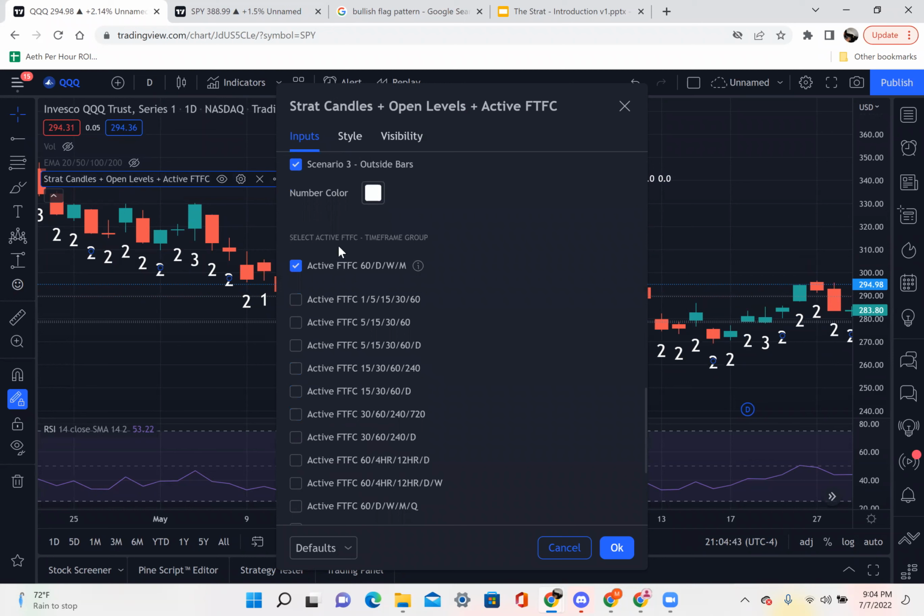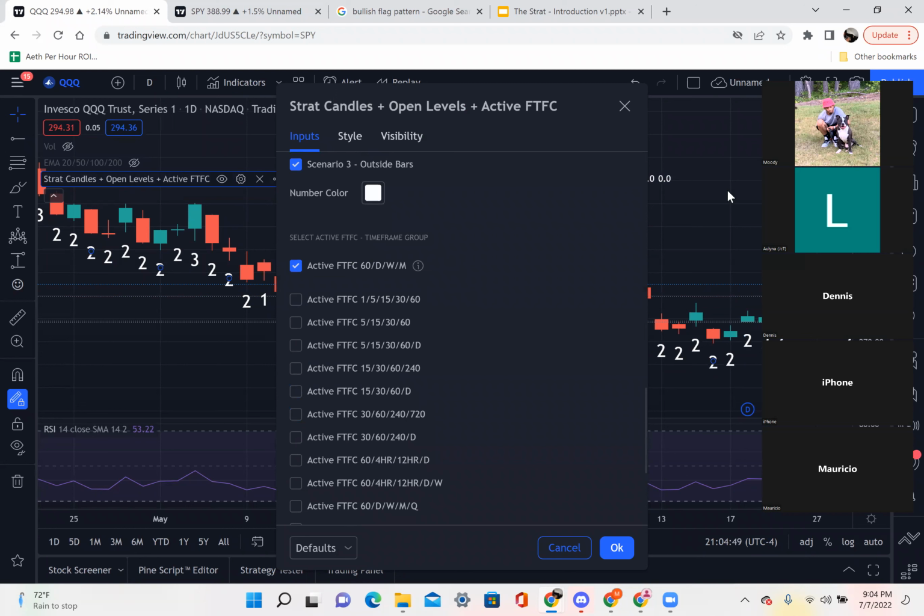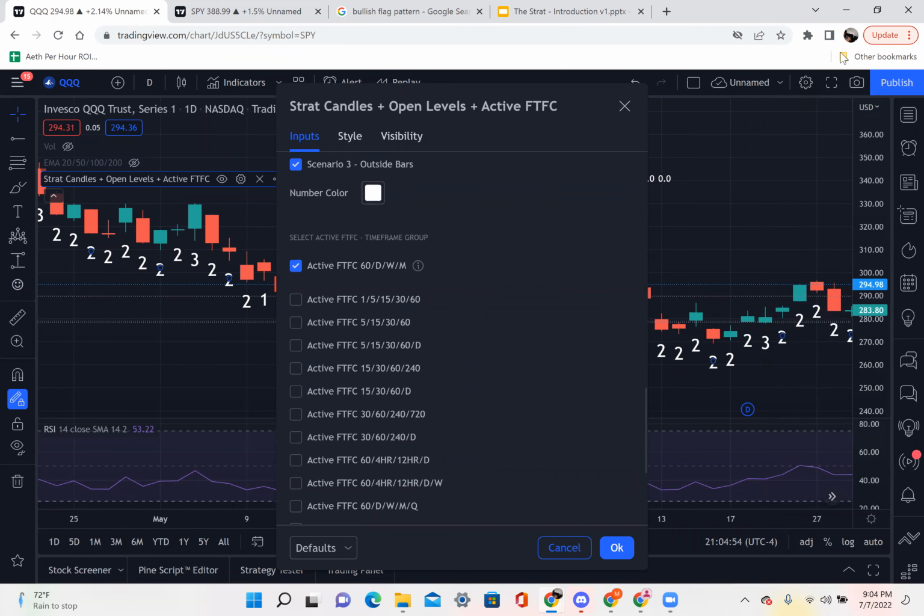Then when you scroll down here, it'll say select active full time frame continuity, FTFC.